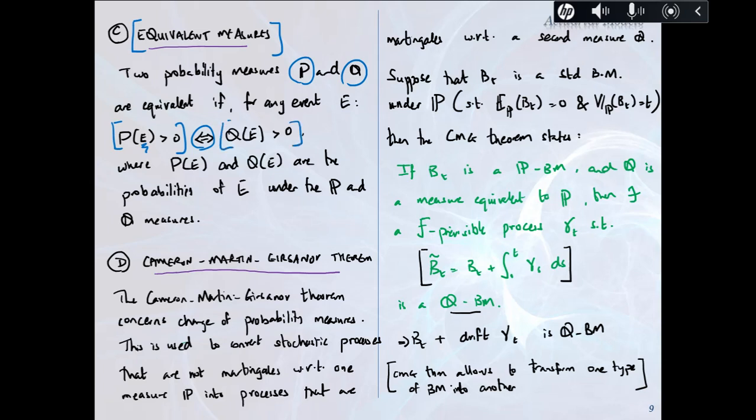Where P(E) and Q(E) are the probabilities of E under the P and Q measures respectively. Now, this is displaying a very important theorem. We'll be using this in the following slides.